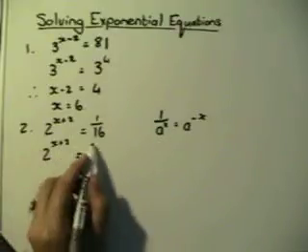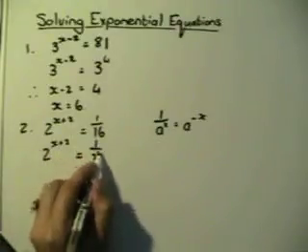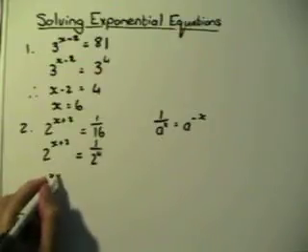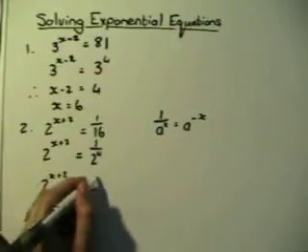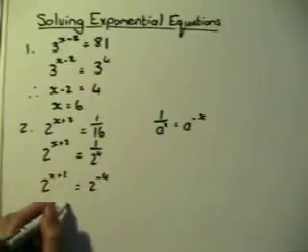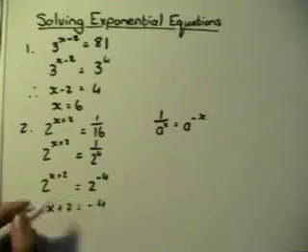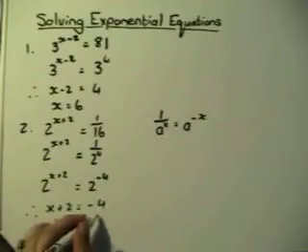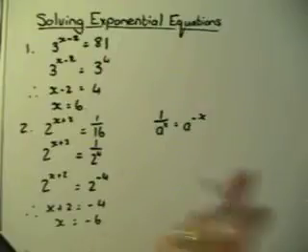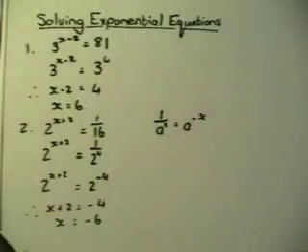I know that 16 is 2 to the power of 4, and then I can write 1 over 2 to the power of 4 as 2 to the power of minus 4, and then I know that x plus 2 must be equal to minus 4, so x is equal to minus 6 if I take the 2 over the equal sign.